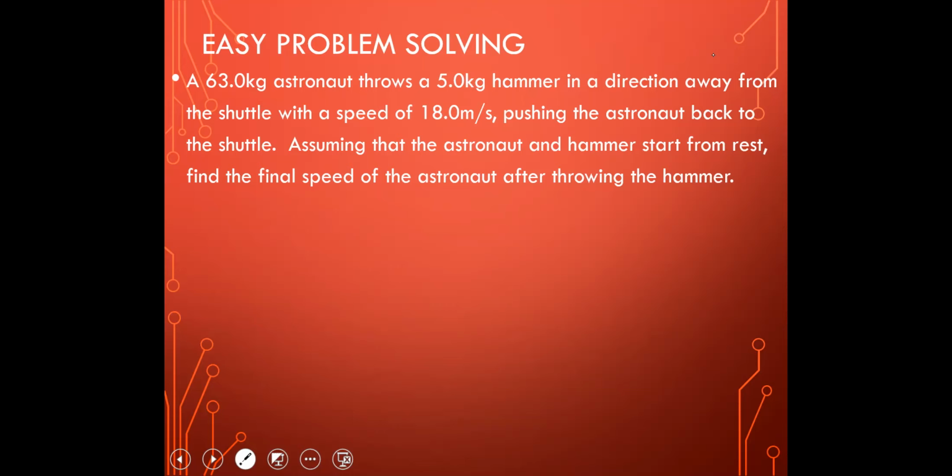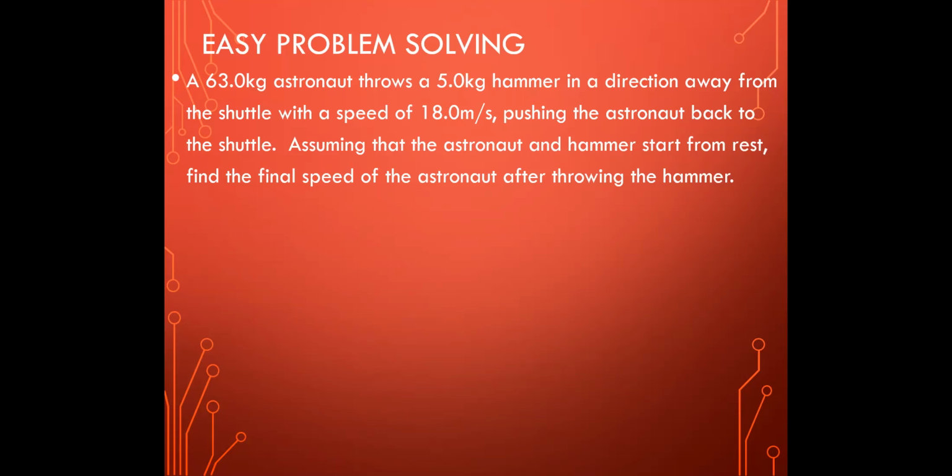He has a hammer in his hand, and the mass of the hammer is 5 kilograms. He threw it. So before collision, what happened? Before collision, the man has a hammer in his hand. Both of them are at rest.